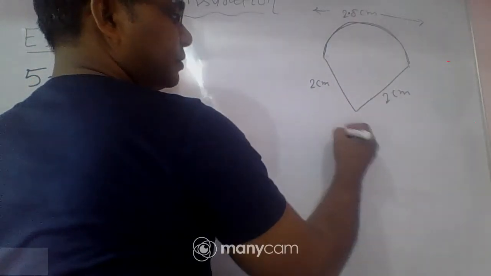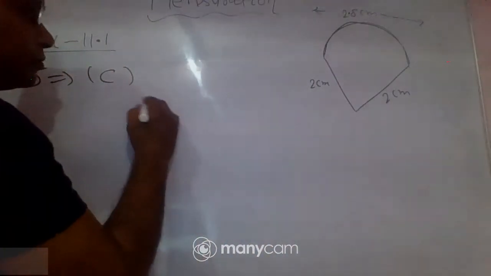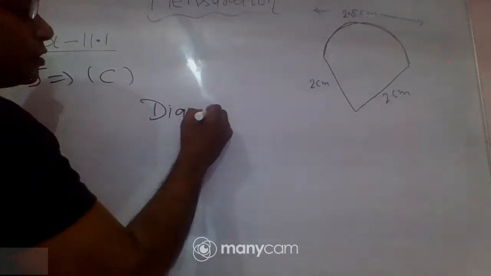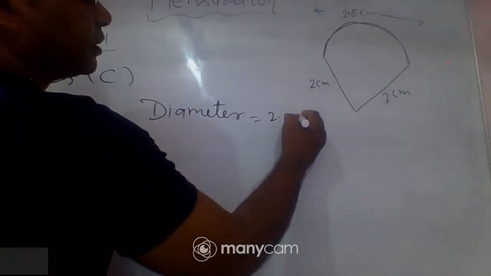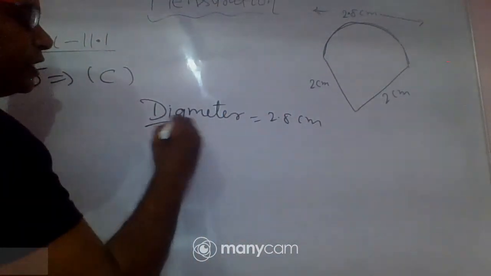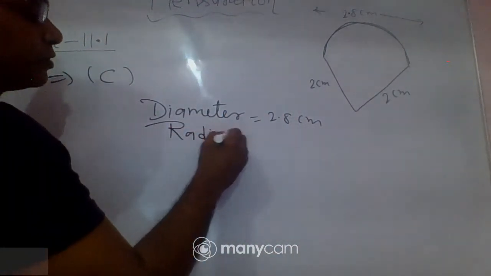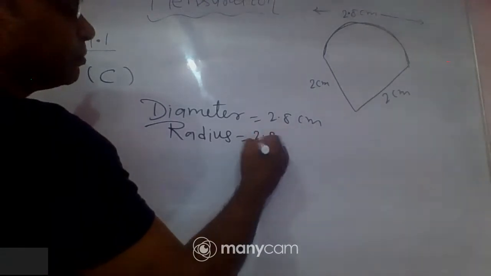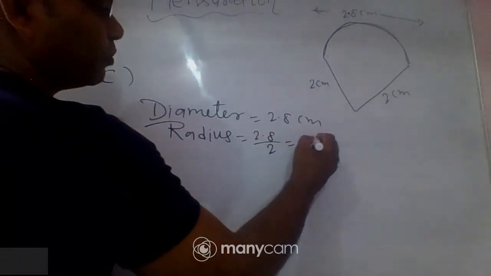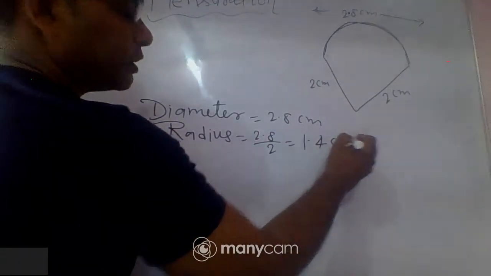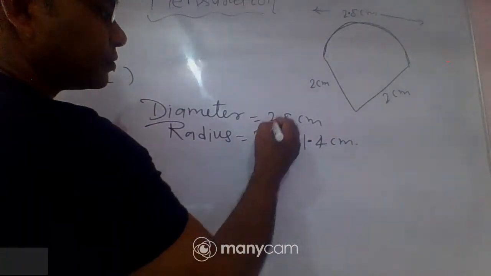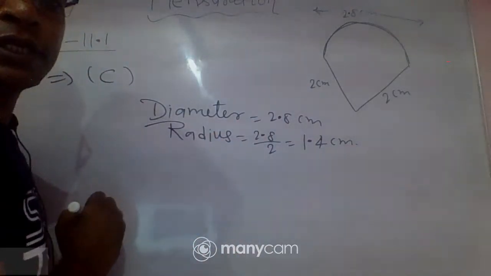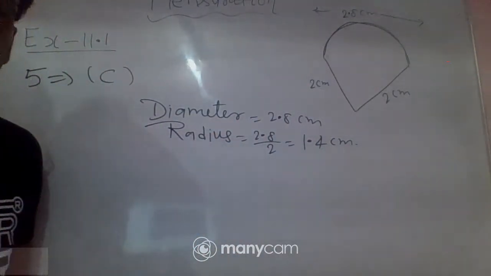This part is the diameter, given as 2.8 centimeters, so the radius is 2.8 by 2, equal to 1.4 centimeters.